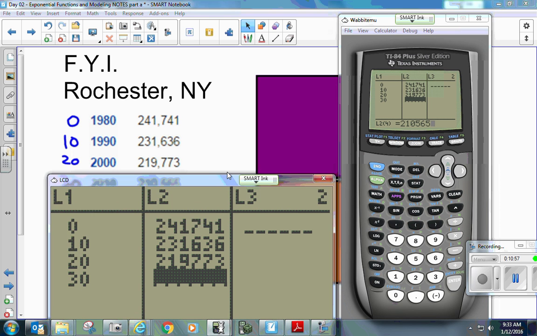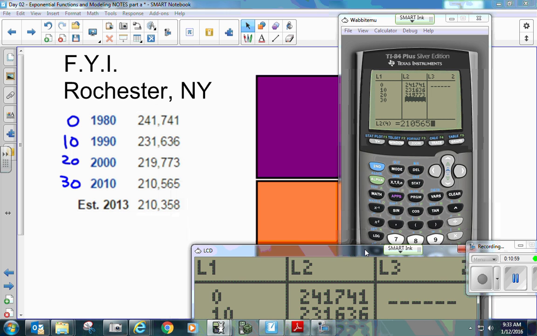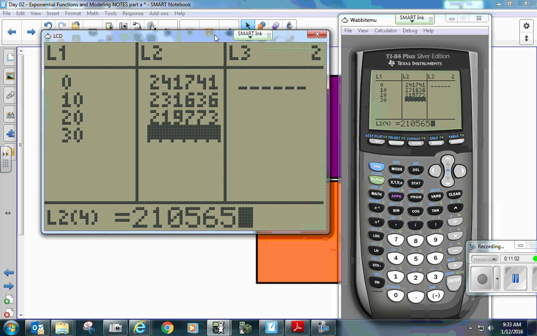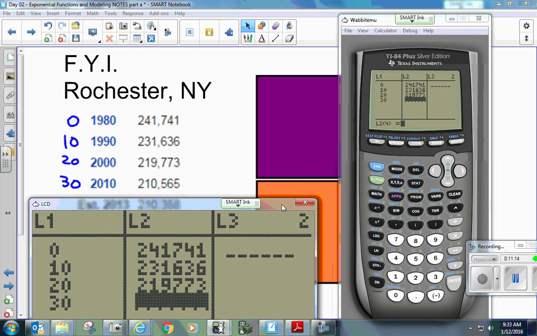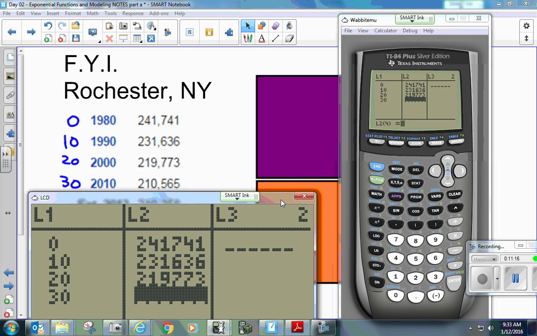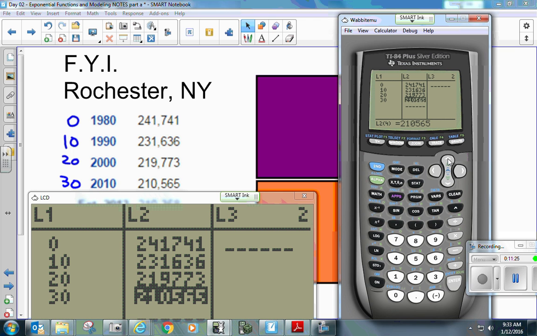And the last one would be 210,358. Did I? Yeah, there's a boo-boo. What was 20? 0, 10, 20, 30. All I have to do is put in this one right here, 210,565. Okay? There we go.